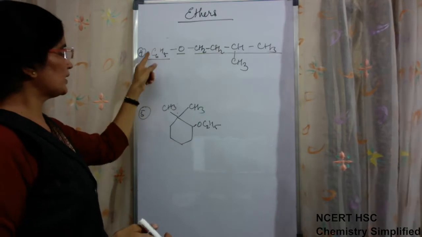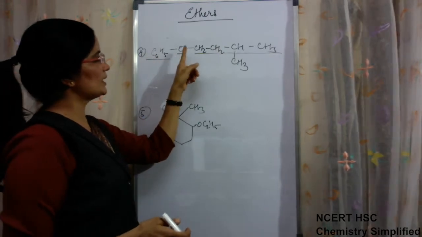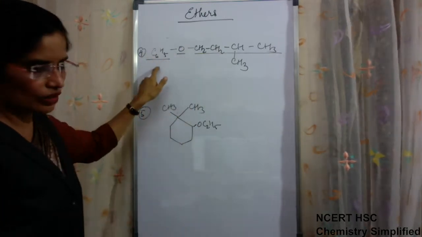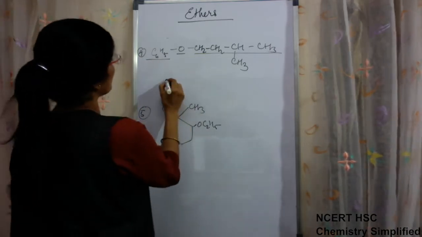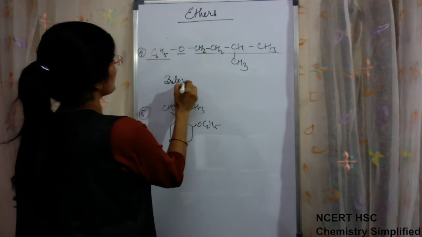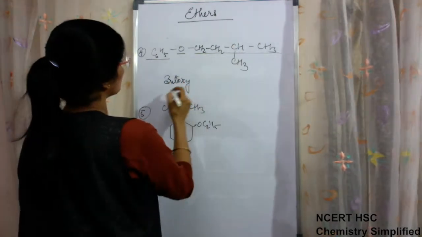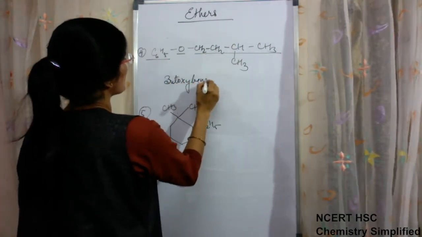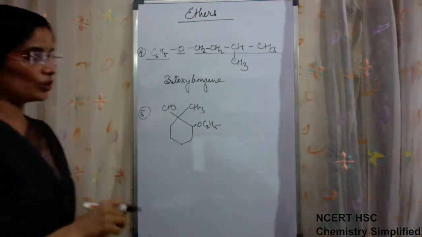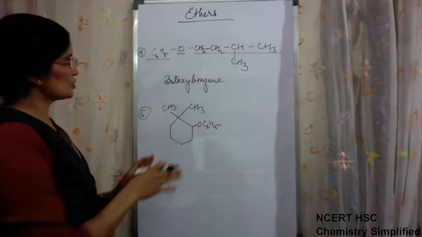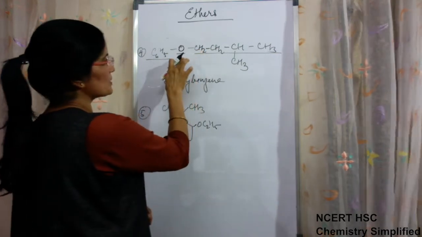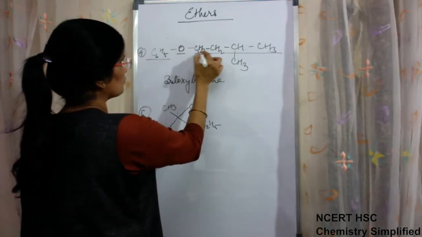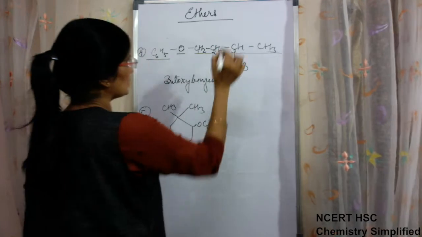We know that until the number of carbon atoms are less than 6, the name will always be according to benzene. So it is actually butoxy, 4 carbon atoms, and benzene. Okay. Butoxybenzene is okay, but where the functional group is attached, from there we start counting 1, 2 and 3.